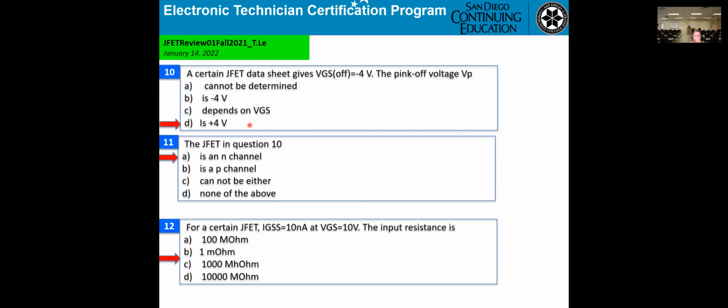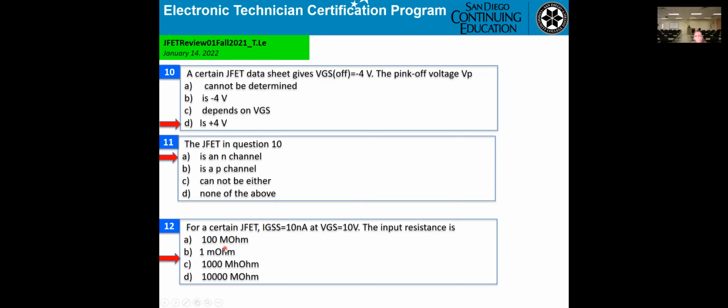Who can tell me? Is it because VGS is negative? Yeah, because the gate is negative. Exactly. They gave you -4 volts, so that must be N channel, to reverse bias the junction. Positive would be P channel. Okay, 11 is A.